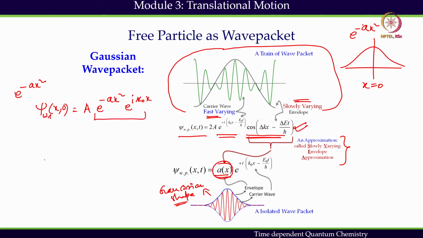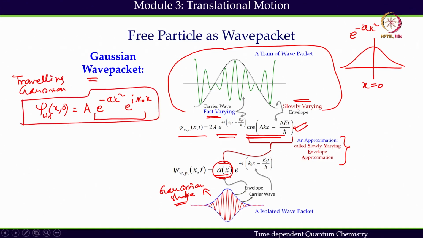So, basically if I have a moving, travelling Gaussian wave packet, then I have to use this initial wave packet like this, where this is the Gaussian function and this is the plane wave part, and then it is actually moving.